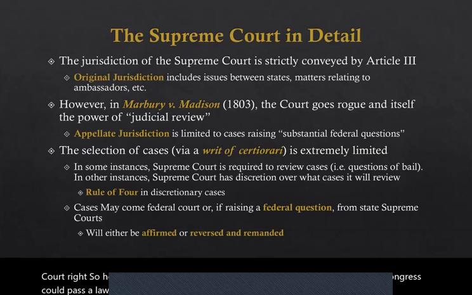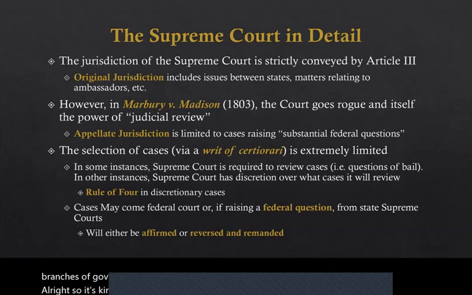So Marbury versus Madison basically flips the Constitution on its head and makes the Supreme Court really important and lessens the importance of the other 2 branches of government, right? So the Supreme Court's kind of the final say, right?